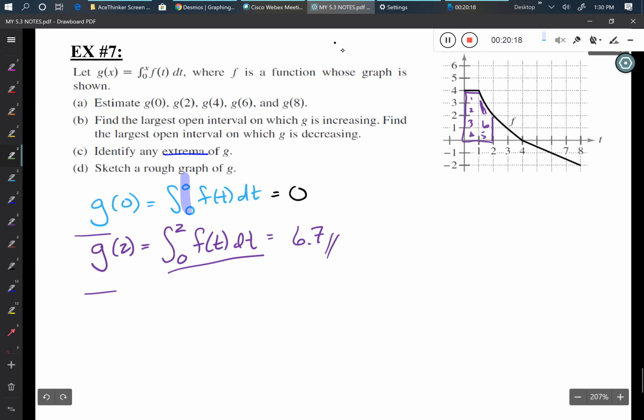Now they want us to calculate g of 4. So that means the integral from 0 to 4 of f of t dt. So let me get rid of this purple because that was from the last problem. They want us to do 0 to 4. So they want us to find all of this.